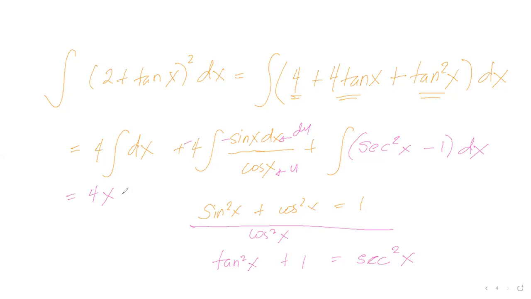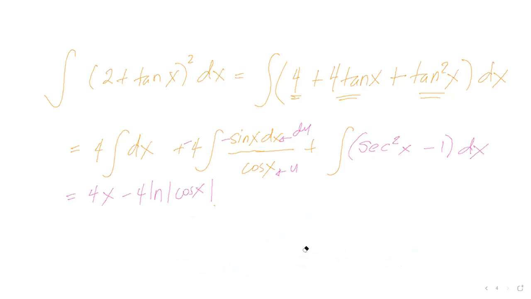So the second term will have 4 ln of cosine x. Do you get it? And we'll erase this because that's a review from your trigonometry, how we arrive at it. And this one, the secant squared x minus 1, will have to be integrated separately.